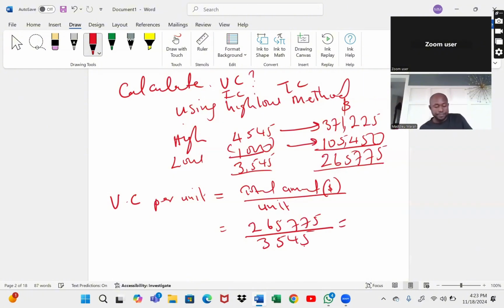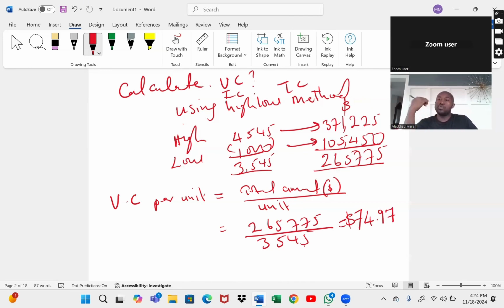What do we have here? Our variable cost per unit is 74.97.